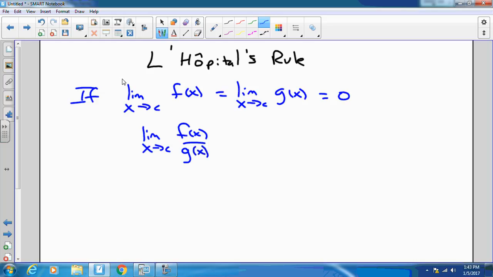Now I've promised to you that in such circumstances we can find a common factor and cancel. That's all fine. What L'Hopital does is he said, well, if in fact f and g both go to 0, then the limit of their quotient f over g, as it turns out, is equal to the limit of the quotient of their derivatives, f prime over g prime.